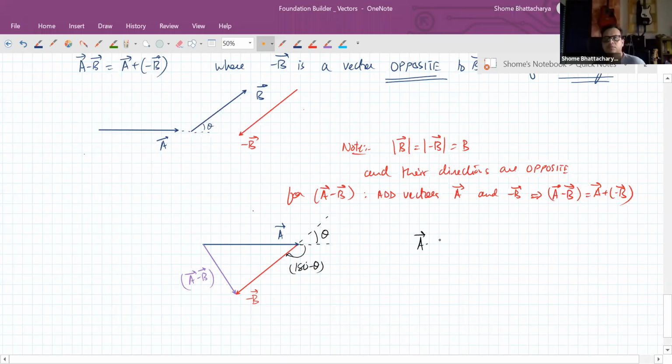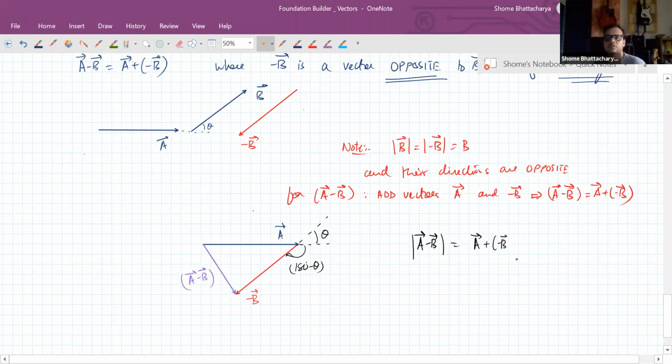So for the magnitude of our vector operation A minus B, we have to do this. Keep in mind that the magnitude of the vector minus B is also B only.